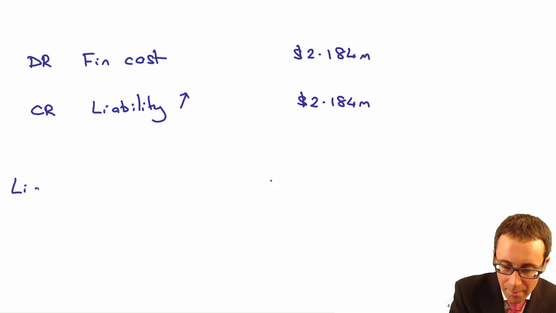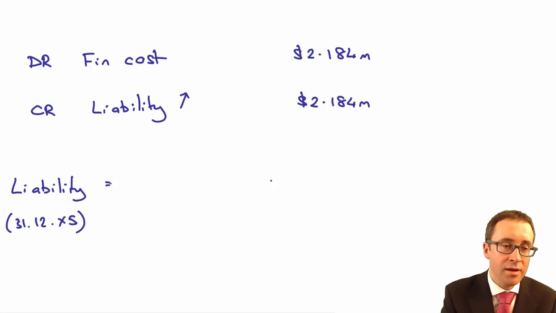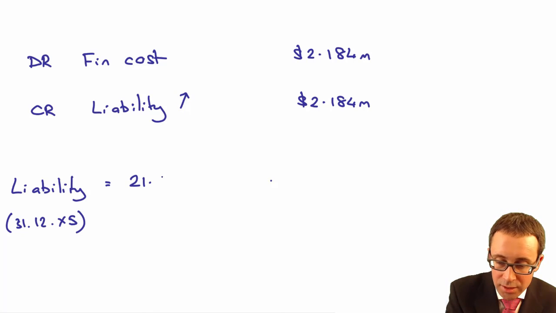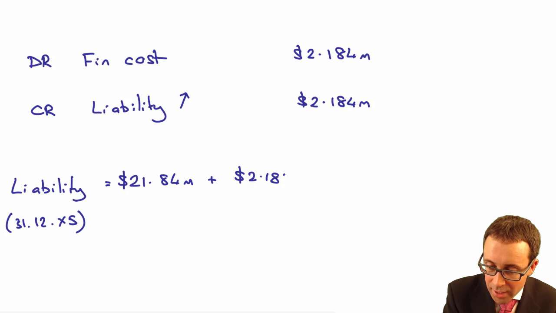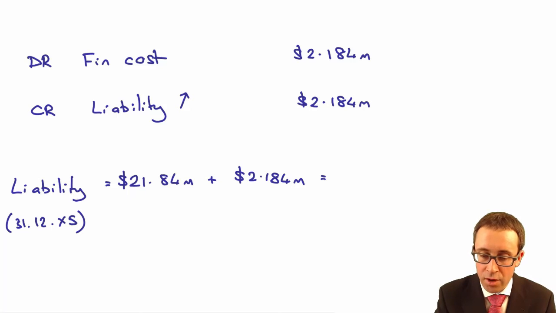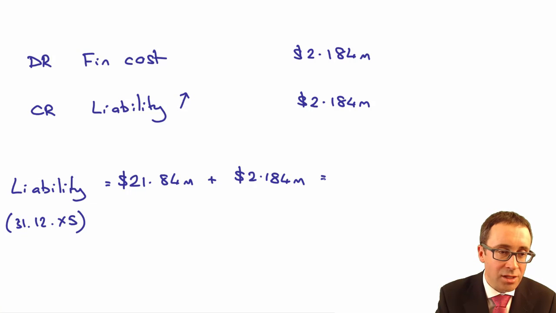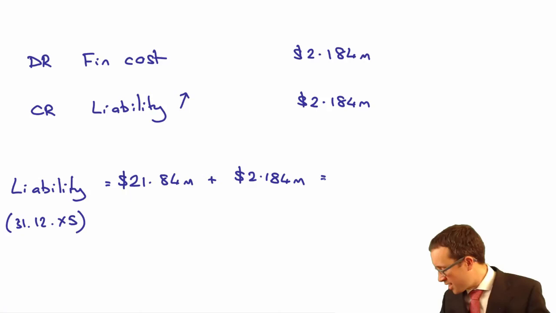So what your liability will now be at the 31st of December X5, at the end of the year, it was originally $21.84 million, wasn't it? To which I have just increased it by $2.184 million.